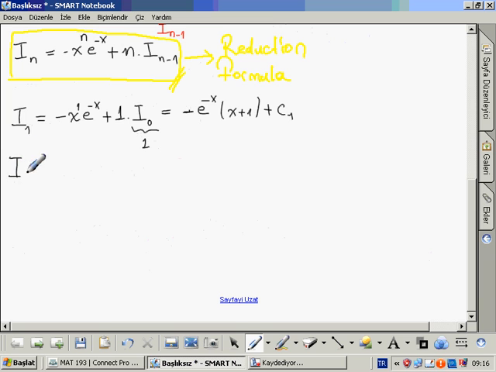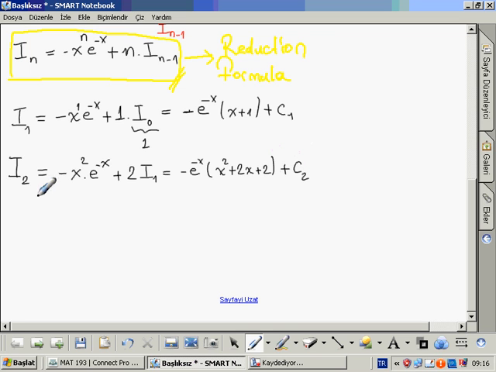After that I sub 2 is minus x to the power of 2 times e to the power of minus x plus 2 times I sub 1, which equals minus e to the minus x times x squared plus 2x plus 2 plus c2.